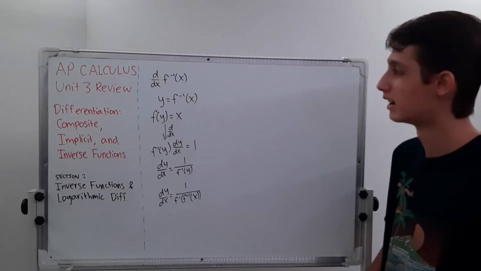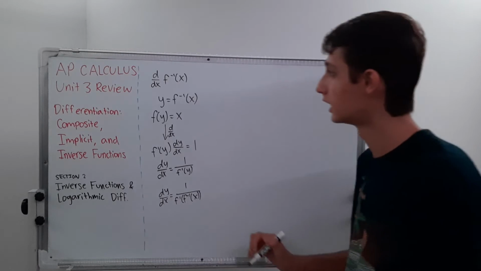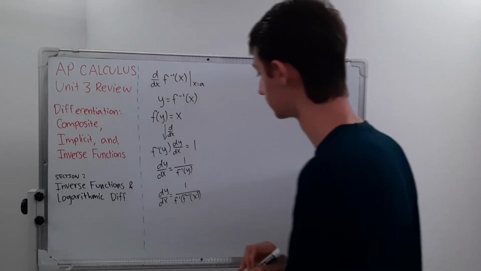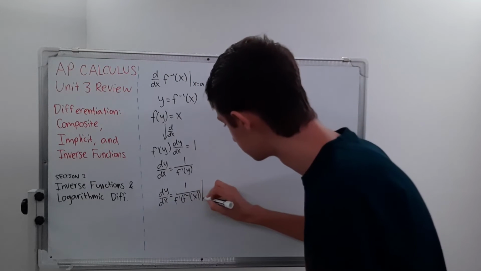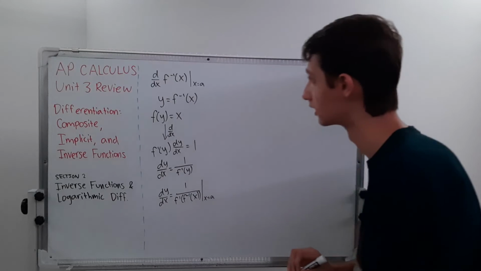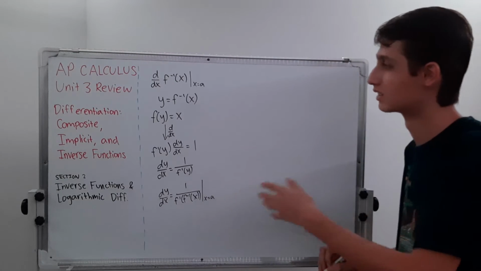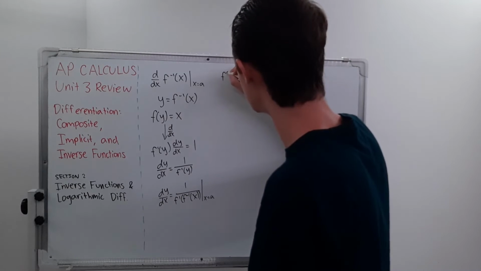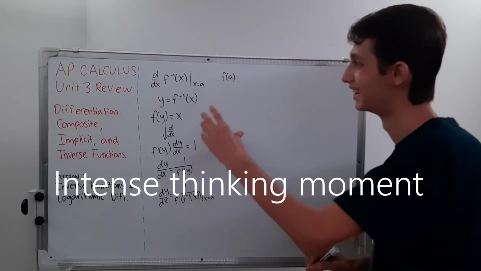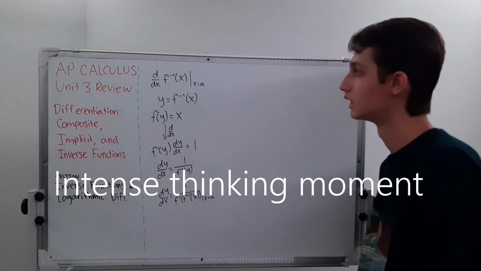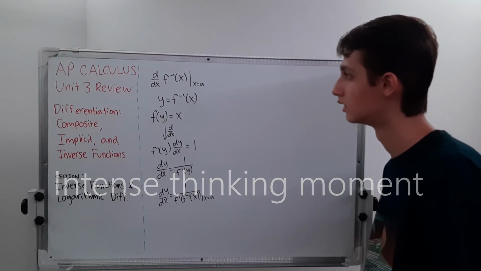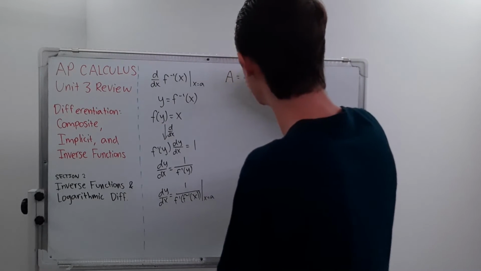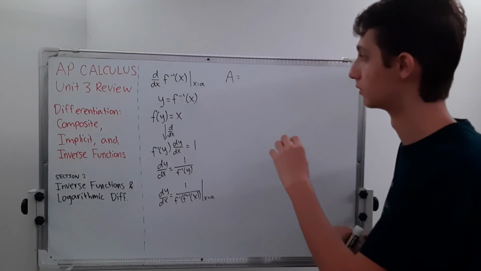Now, what if we wanted to evaluate this at, I don't know, x equals a? So first, before I do that, let's think about this. If we had capital A, and it's not the same as lowercase a, it's different.